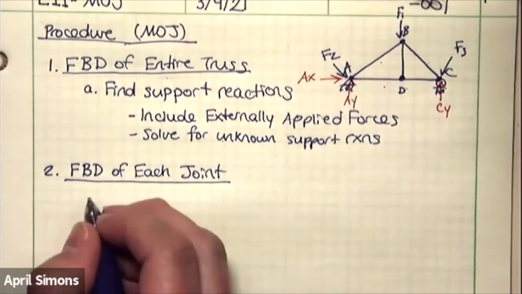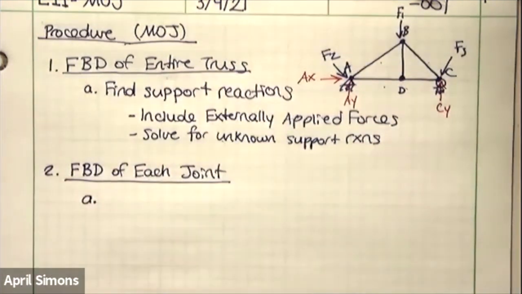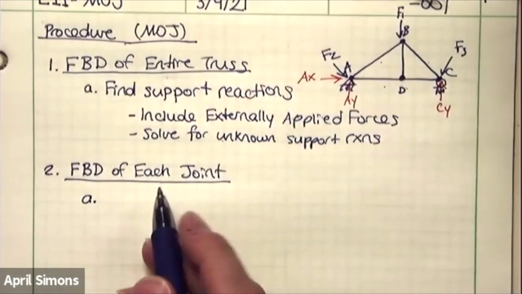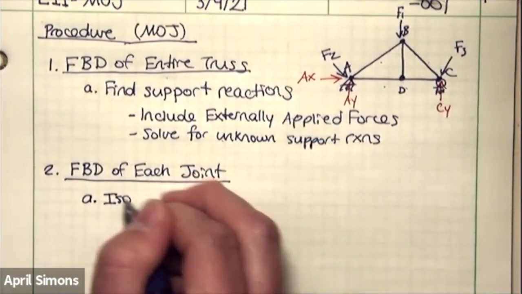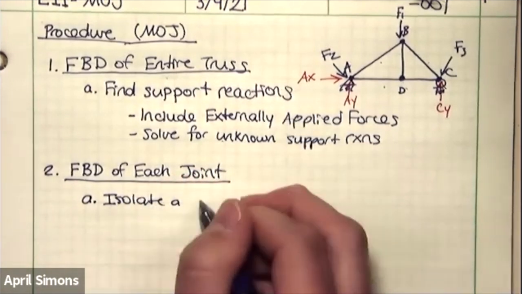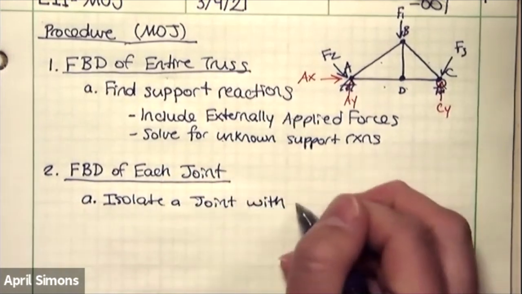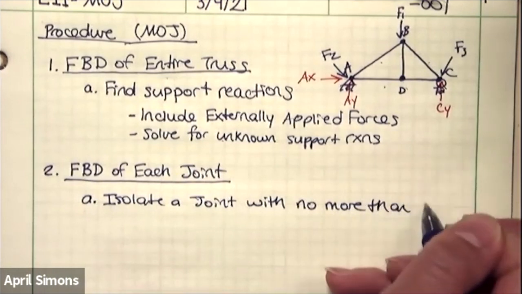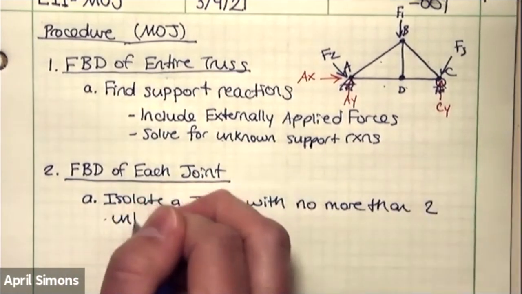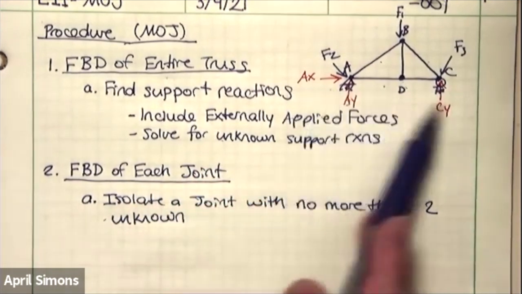To do this, we're going to isolate a joint with no more than 2 unknowns. At this point, we will know the support reactions.